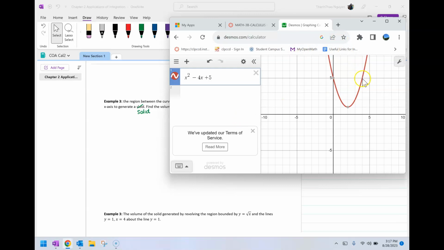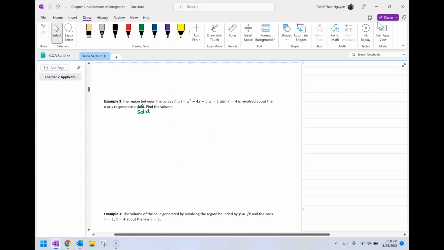So we know that this point over here is 4, 5. Let's go ahead and sketch our graph. So this has the vertex at 2, 1, and then between 5 and 4. Okay, so let's put this in a graph.